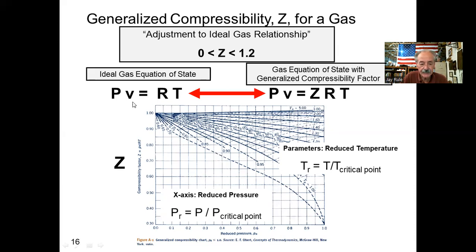Ideal gas equation of state, Pv equals RT. For gases that are not exactly like an ideal gas, Pv equals ZRT. Use your eyes to see how similar. For an ideal gas, it's like Z equals 1. So Z equals 1 would be ideal gas behavior, wouldn't it? That's what this is all about.